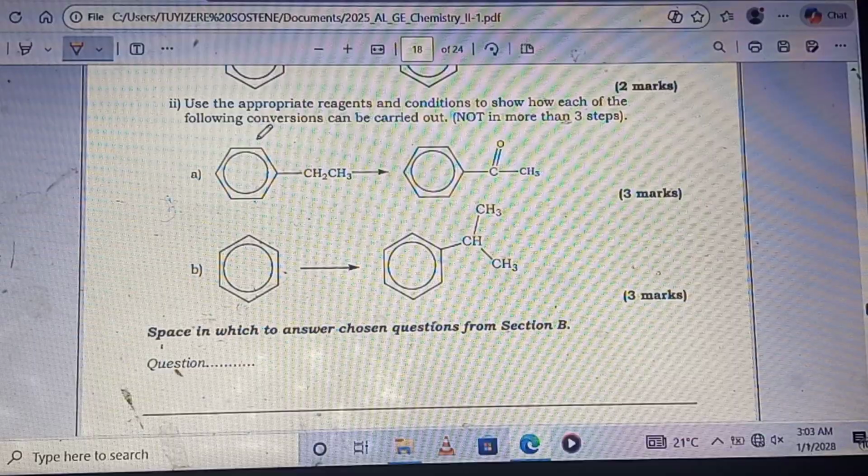II. Use the appropriate reagent and condition to show how each of the following conversions can be carried out. We have this benzene and change it into this one.